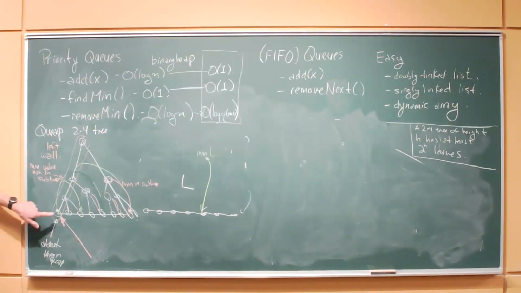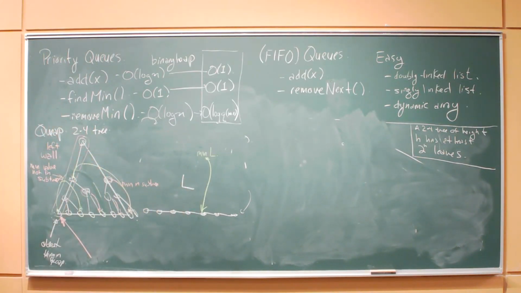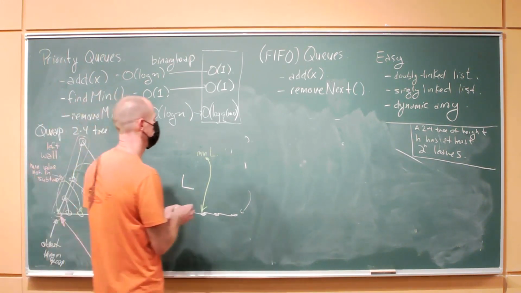And so it's either this, or it's this, or it's this. Find min just says we have to tell you what it is. We don't have to do anything after that. So we have to look at three values and then return the minimum of the three. Okay. So find min.